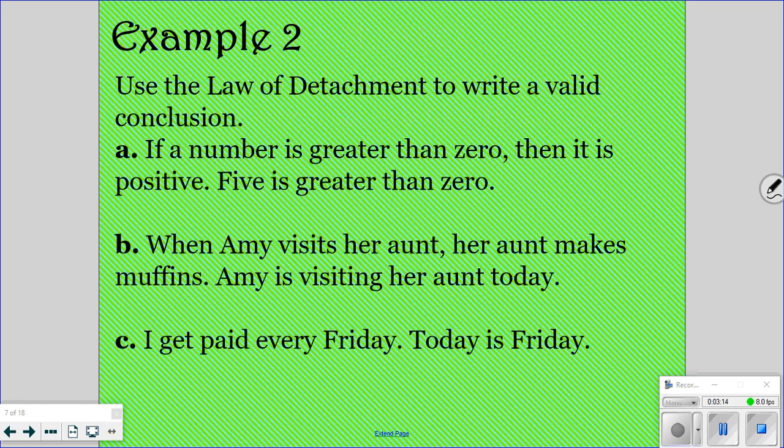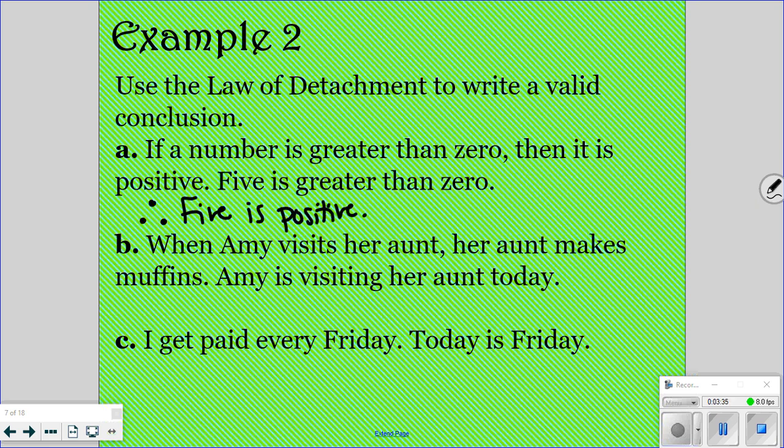So let's look at an example of how we're going to use it. If a number is greater than 0, then it is positive. 5 is greater than 0. Therefore, that means that 5 is positive.